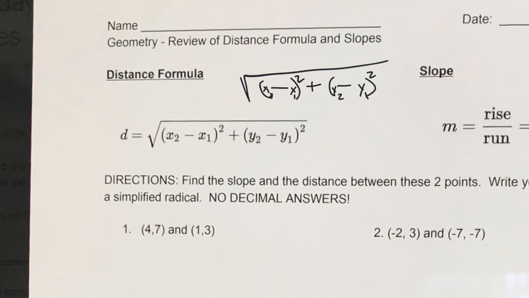So the good news is you can sort of afford to forget about the 2 and the 1 part, but it's definitely got to be x minus x here, and y minus y over there. So that is a brief abstract overview of the distance formula.